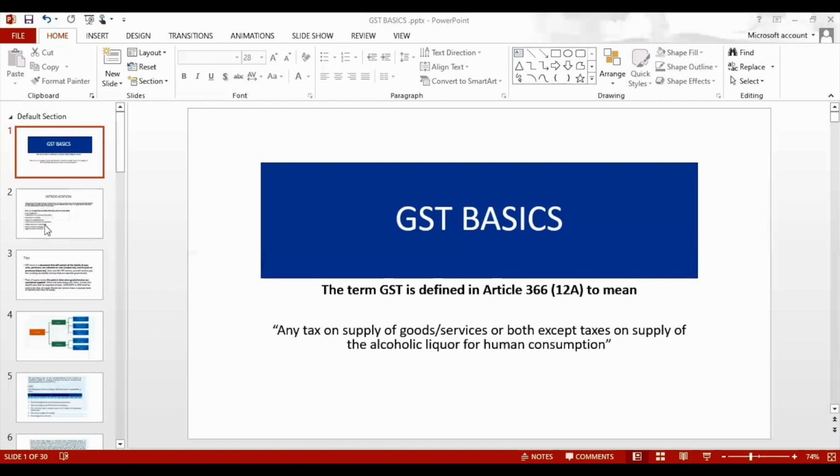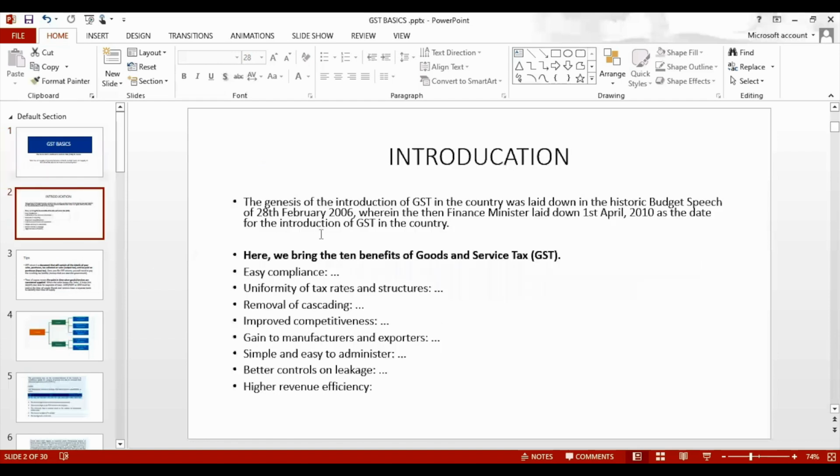In the second slide, the introduction: who introduced it and what are the advantages and benefits of introducing it. The GST topic came from the historic budget preparation of the government dated 28th February 2006. From that date, the GST concept arose.